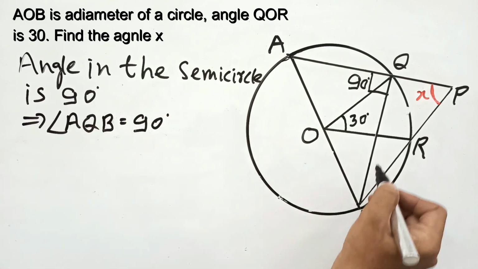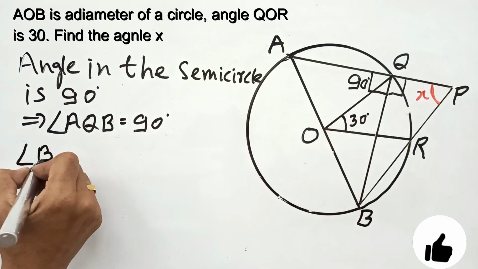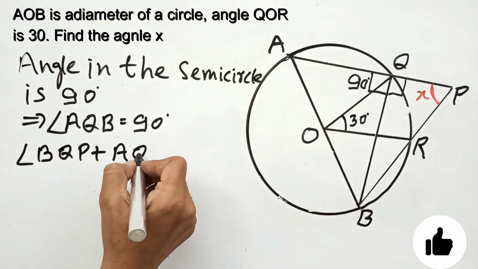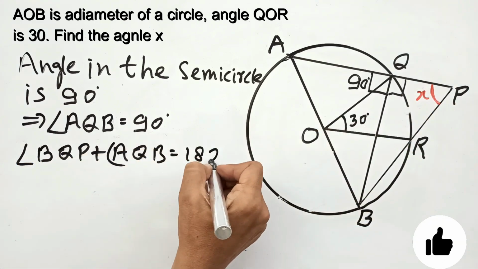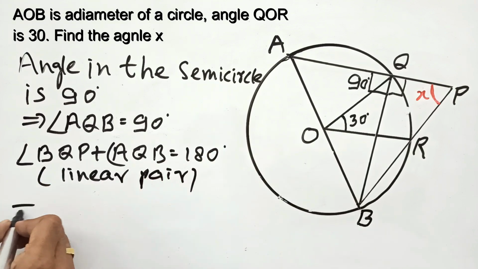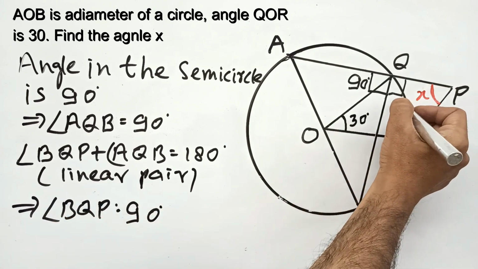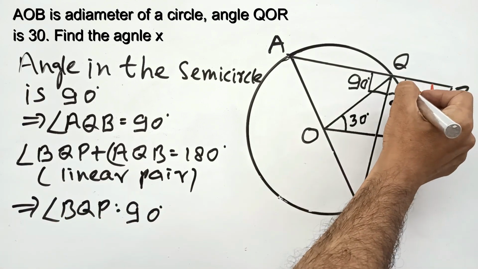And by linear pair, BQP is also 90 degrees. So this is also 90 degrees.